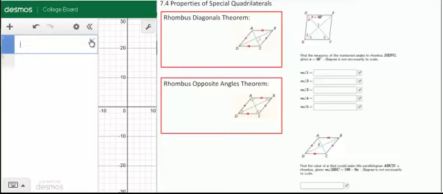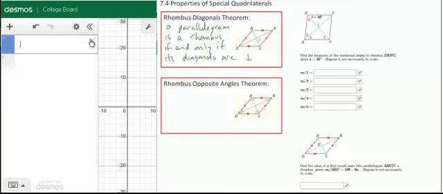One of the relationships that's enough is if you have a parallelogram, it is a rhombus. Notice how rhombus is spelled with RH instead of just the RO. You have a rhombus if and only if its diagonals are perpendicular to each other.